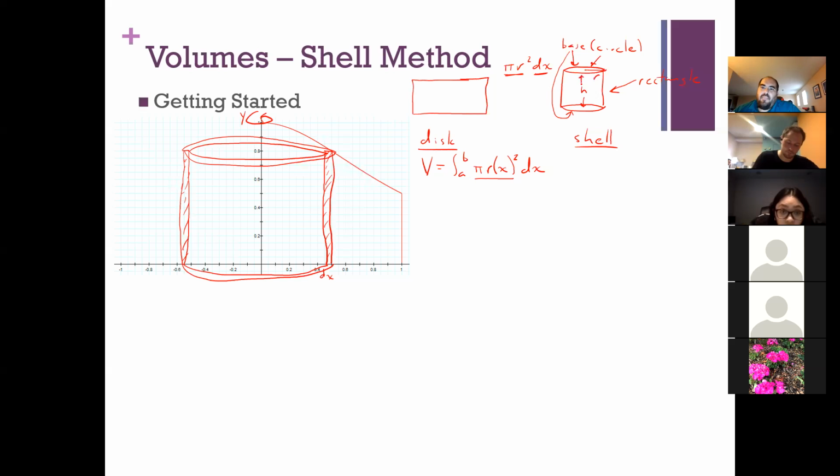The analogy I like to use for this is you have a roll of paper towels, and I'm going to pull off one layer. If I pull off one layer and flatten it out, I'm going to have a rectangle. So no longer curved, I've just totally flattened it out. What are the dimensions of this rectangle? What are the length and width going to be in terms of r and h?